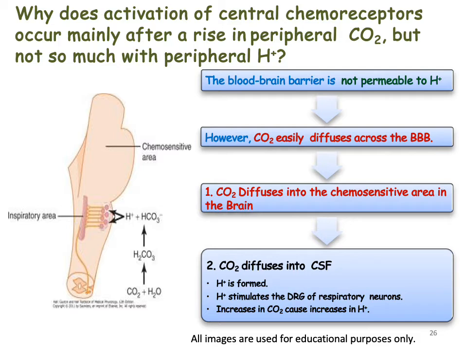When there is carbon dioxide in the CSF, the hydrogen ion will be formed, and this will stimulate the DRG, the dorsal respiratory group, or the inspiratory center. Therefore, an increase in carbon dioxide will cause the hydrogen ion in the CSF to increase.